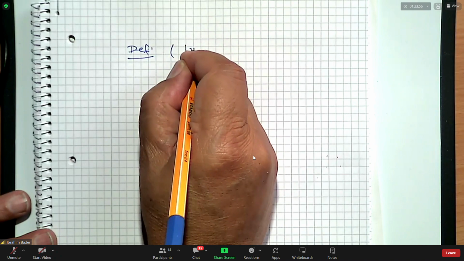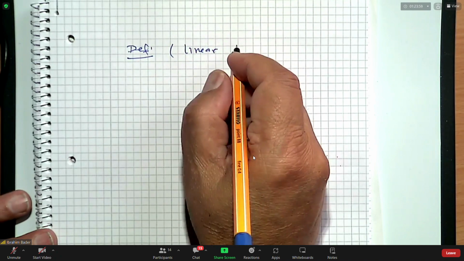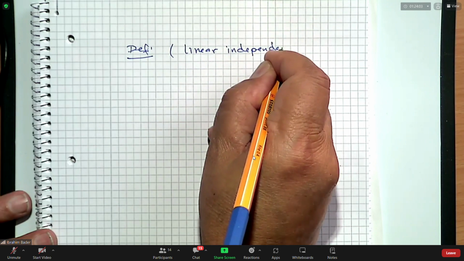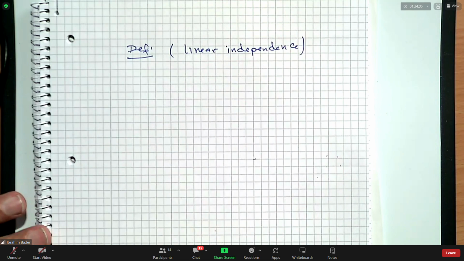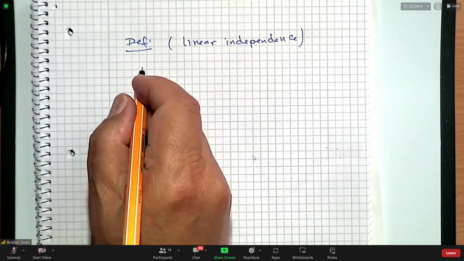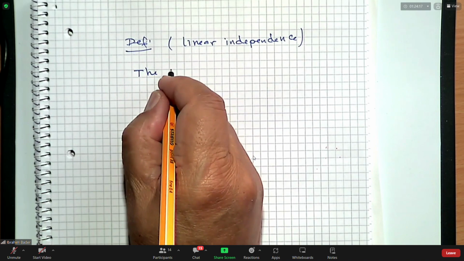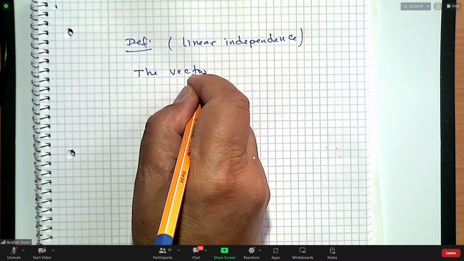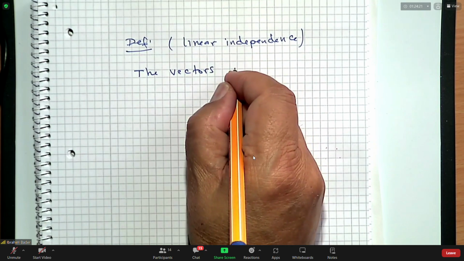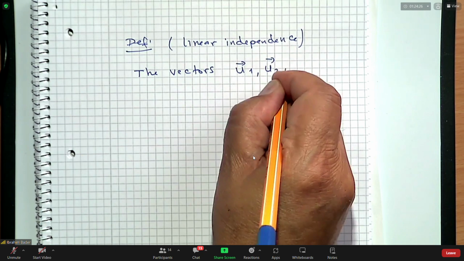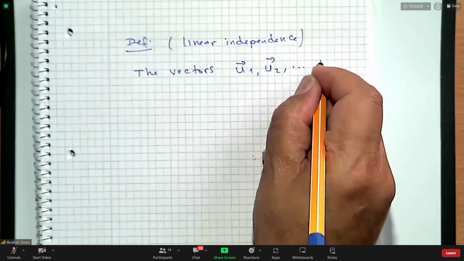So linear independence. Of course, here we're talking about vectors. So given vectors, again, we start with the general case. And of course, all vectors are from the same vector space, U1, U2, up to Un.